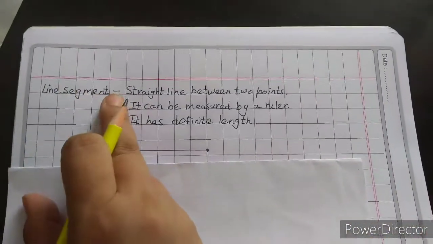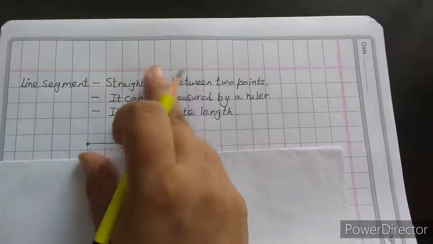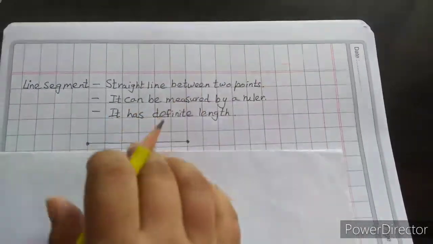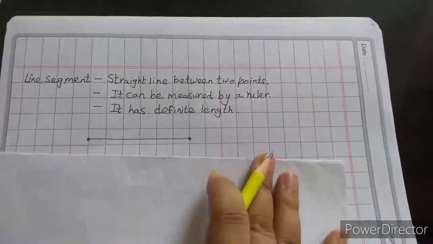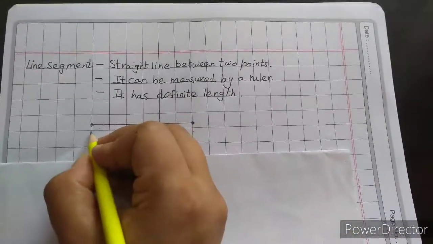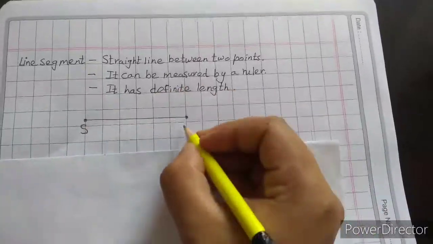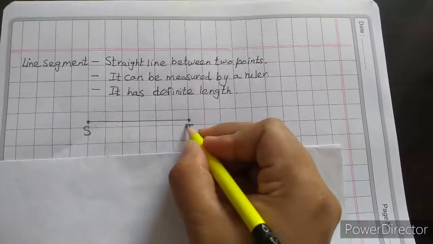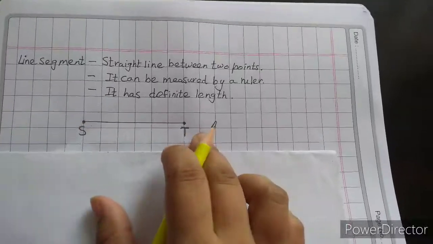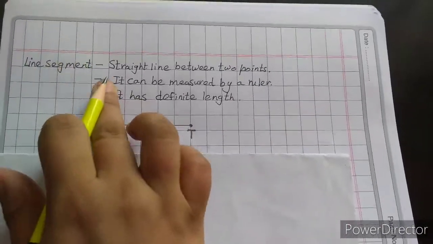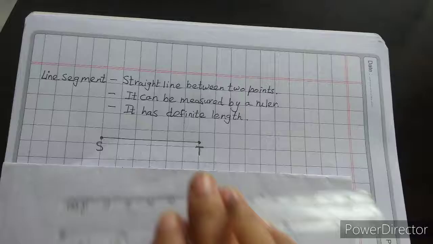Next is line segment. A straight line between 2 points. Now you can see there are 2 points, this point and this point. So if we name it ST, these are the 2 points and line segment जो होता है उसको हम measure कर सकते हैं.